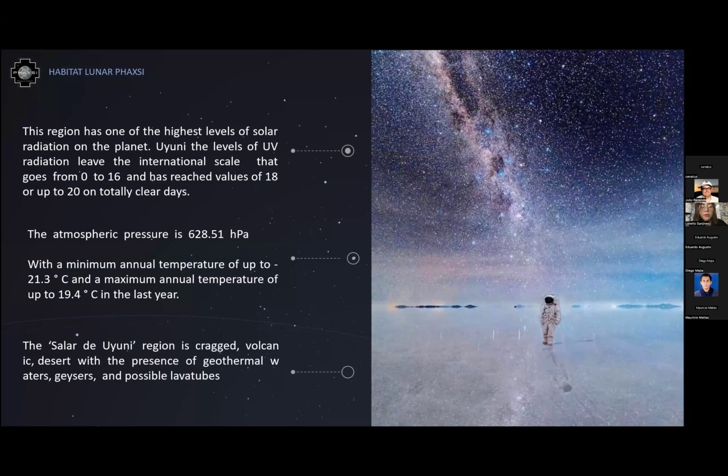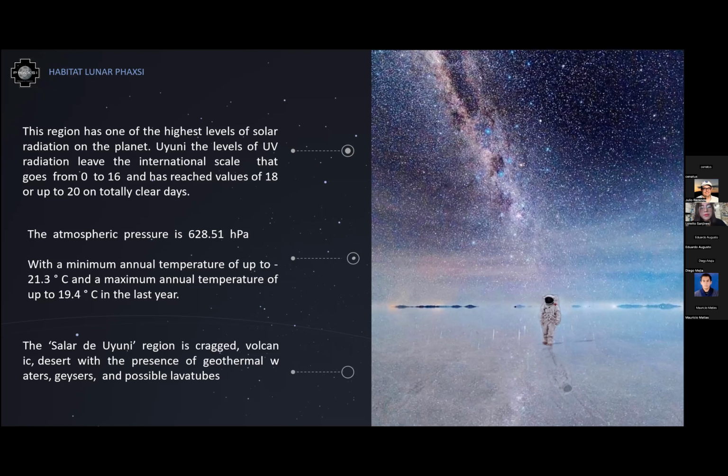So in this slide, we will talk about the selected region, the Salar de Uyuni. Then we will argue based on arguments drawn from scientific research already carried out. The region has one of the highest levels of solar radiation on the planet.